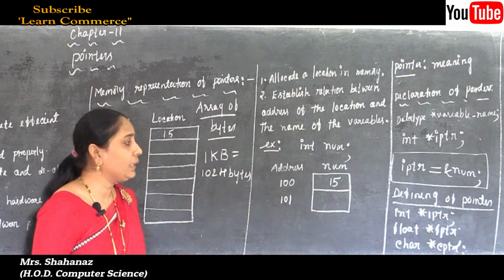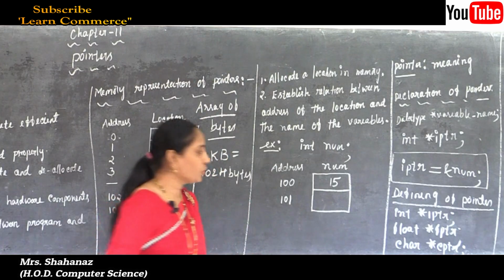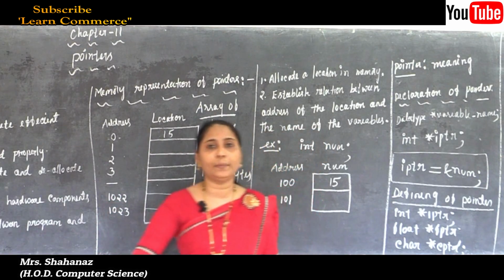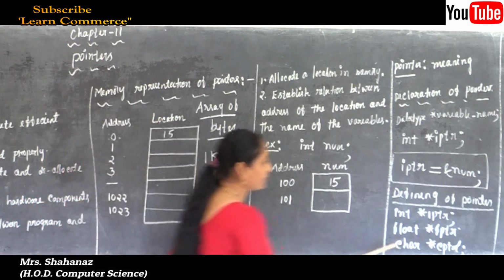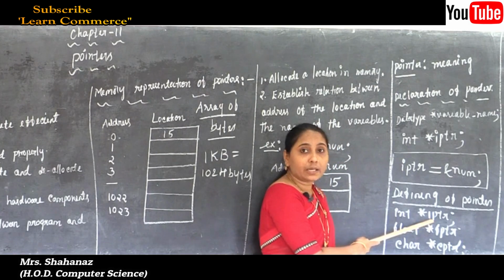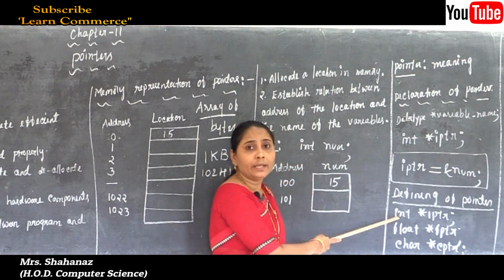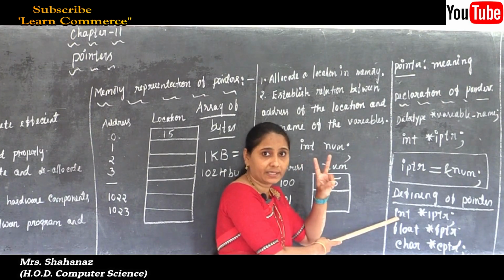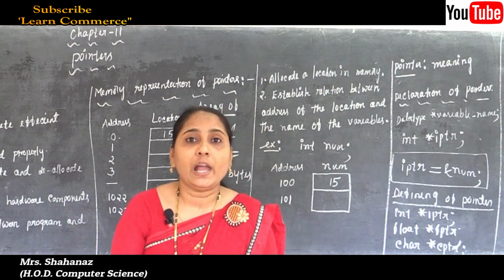Now I have defined some pointer variables. The first pointer variable is the int pointer iptr. So iptr is declared to be a pointer variable of type int. That means the data type is int, so it allocates a space size of 2 bytes. Clear this point here?